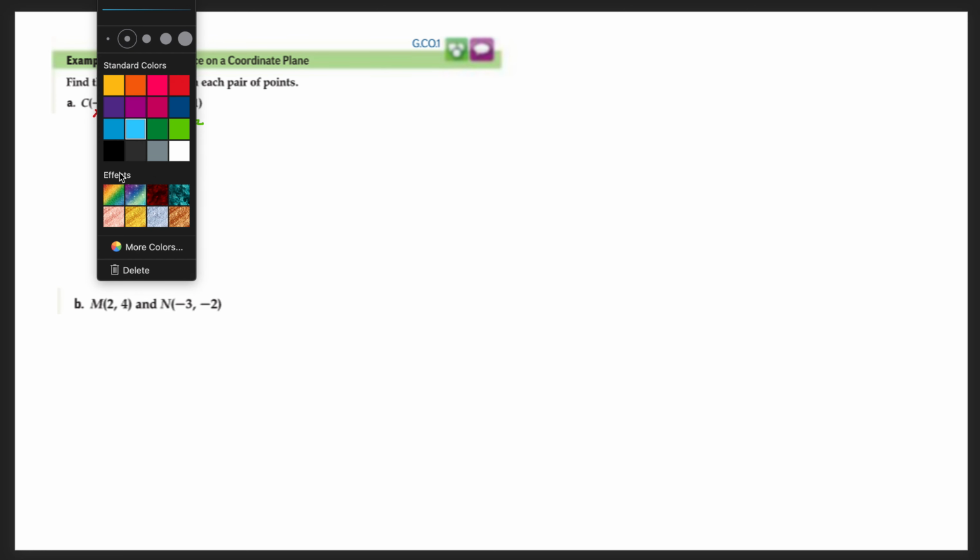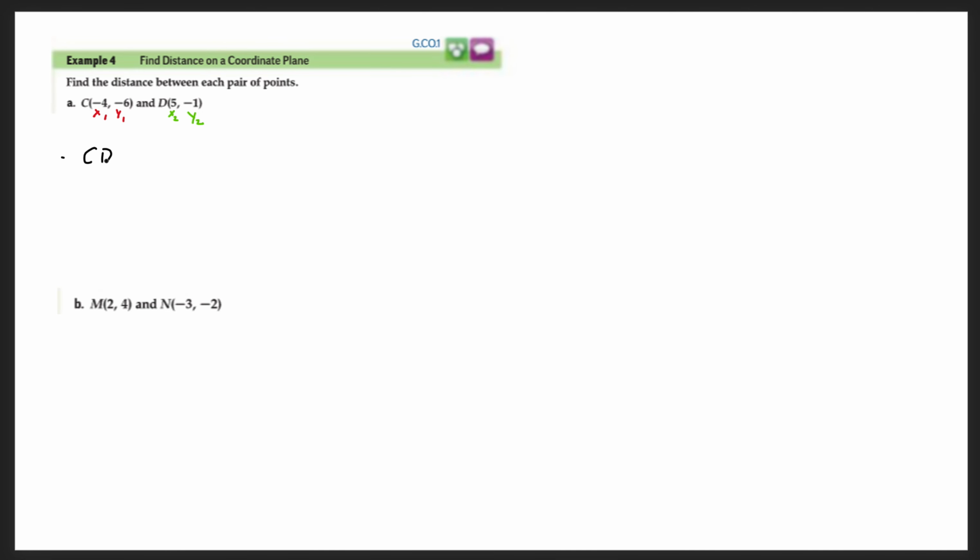So CD equals the square root of x2 minus x1 squared, plus, don't forget our squared, y2 minus y1 squared.